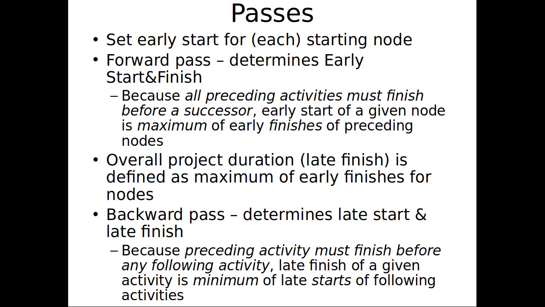The latest B can finish without delaying the project is the minimum of those. Because if it goes over more than that, these are not going to be able to start on time, because these depend on it. So here, again, I'll list those three things again. Pay attention.